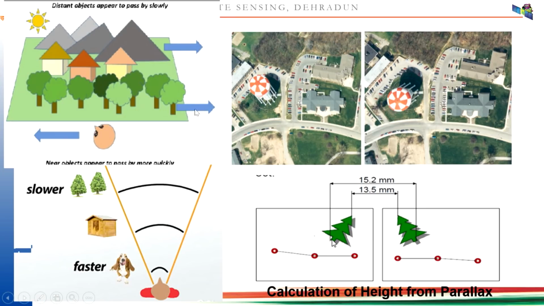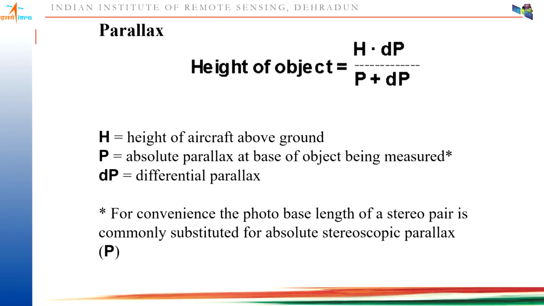As you can see here, for this particular tree, the parallax of the base was certain, the distance is certain, so they have been shifted, and you can calculate how much the parallax is and how much the height of the tree is. So this is a simple formula to calculate the height of an object by measuring parallax.